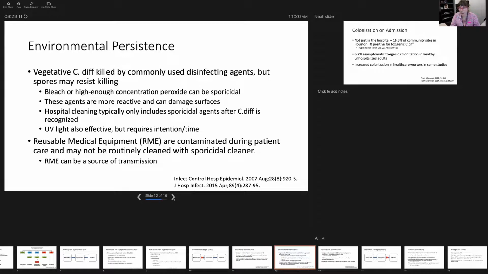Environmental persistence. This is another way, other than healthcare worker hands, that patients could acquire C. diff. The spores, again, are not killed by common disinfecting agents, specifically quaternary ammonium and alcohol that we may use, but we can kill them with bleach or a sufficient concentration of peroxide.